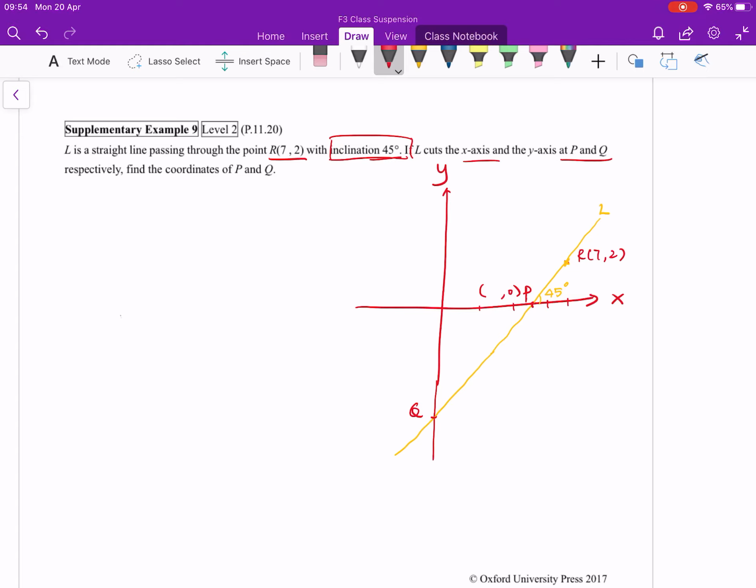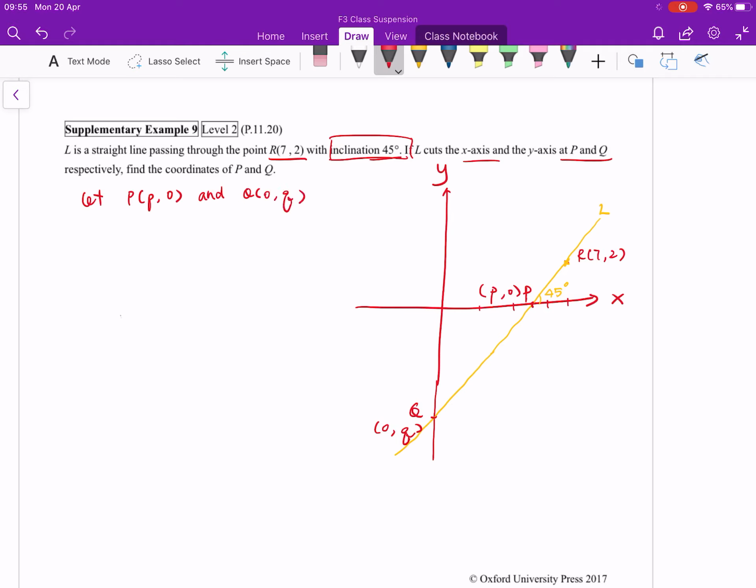So we can let the position of P be (p, 0). And then similarly, Q lies on y-axis, so the x coordinate must be 0. Q can be (0, q).